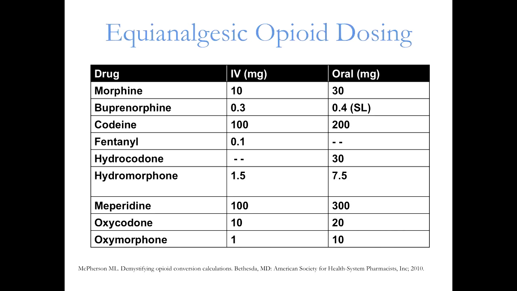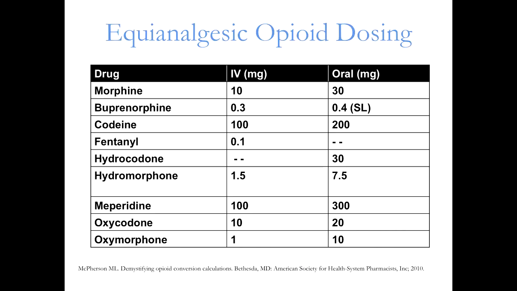So what we will most often recommend is that if the patient's pain is relatively well controlled and we're just switching from one drug to the other because of tolerability issues or administration route issues, then we will reduce the target dose by anywhere from 25 to 50%.